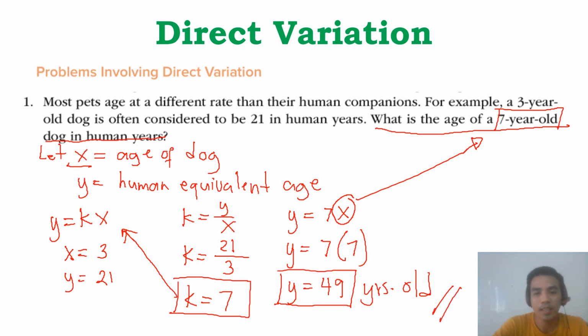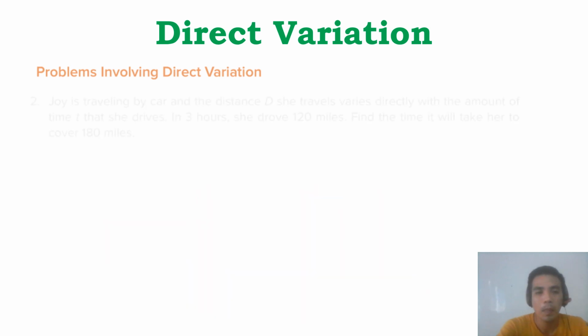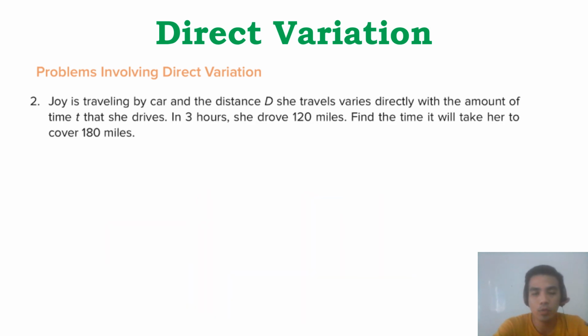Okay, ganun lang po. Let's have another example. Let's try this one. Joy is traveling by car and the distance d she travels varies directly with the amount of time t that she drives. In 3 hours, she drove 120 miles.